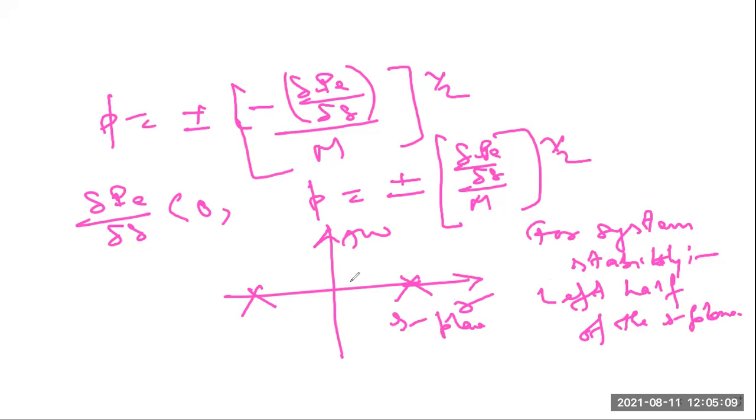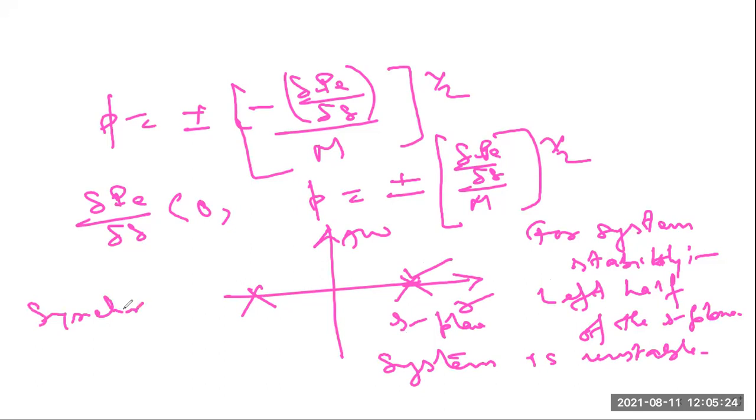Here you see the roots are lying on the right half of the S plane, so the system is unstable. That's why the synchronism is lost. Is it clear?